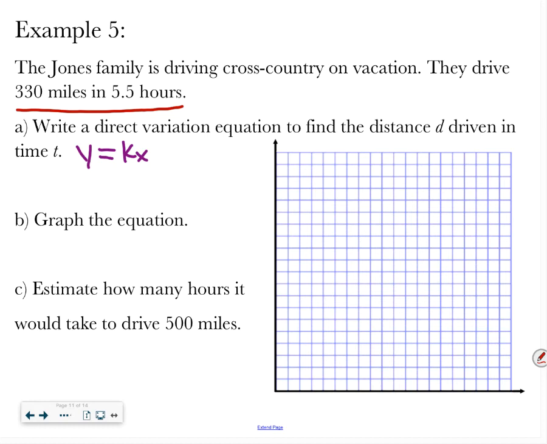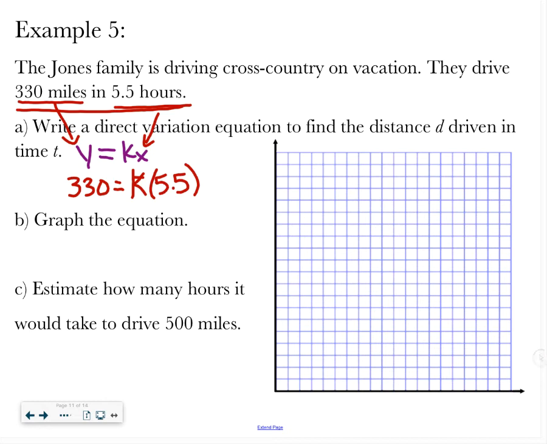That means our independent variable is the hours, and that represents our x. And then the miles would be our y. So we can say 330 equals k times 5.5.